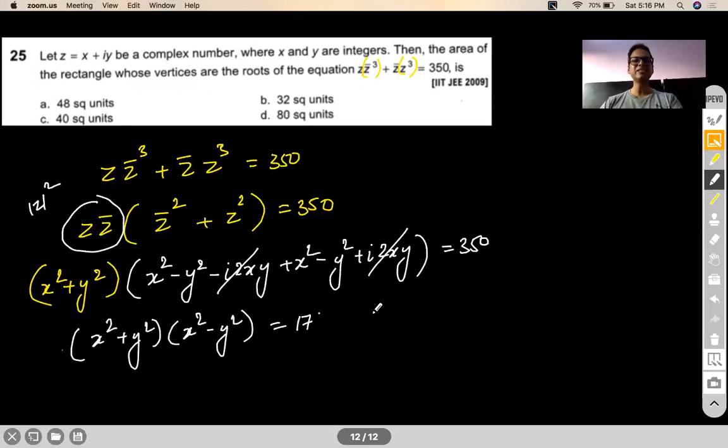Now guys, this is a Diophantine equation. So x and y are integers. So this is also an integer. This is also an integer. Correct. So how can I break 175 as a product of these two? What all we can do?